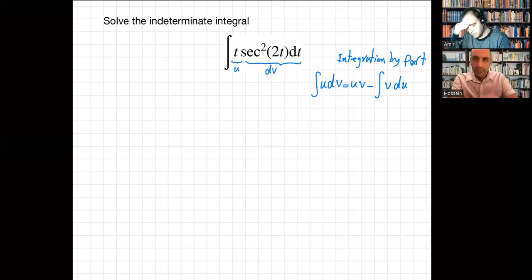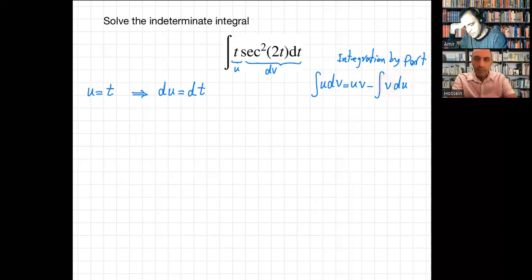So if I choose u equals t, then if I take a derivative of both sides, I get du equals dt. The purpose is to have this form and also this form.